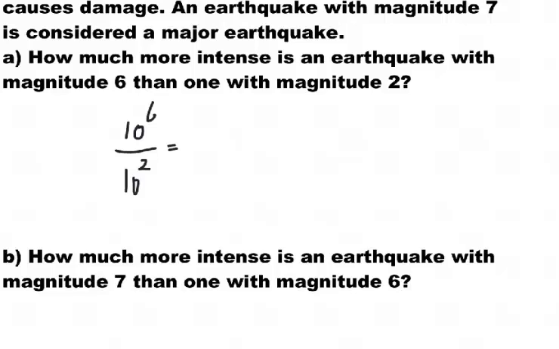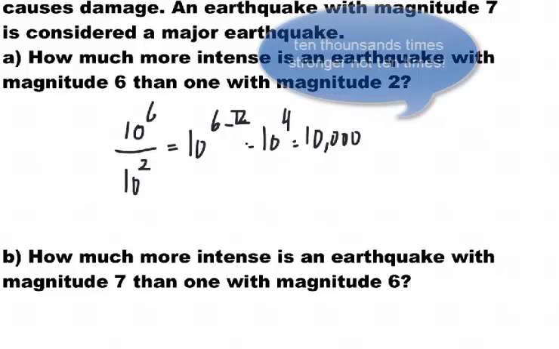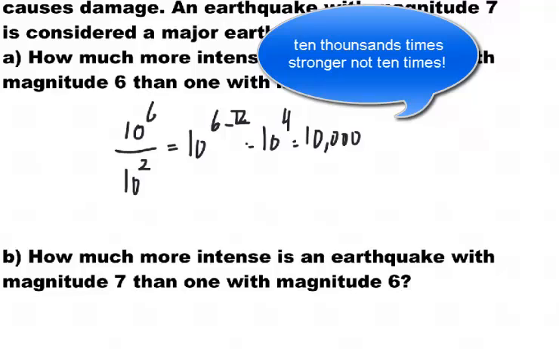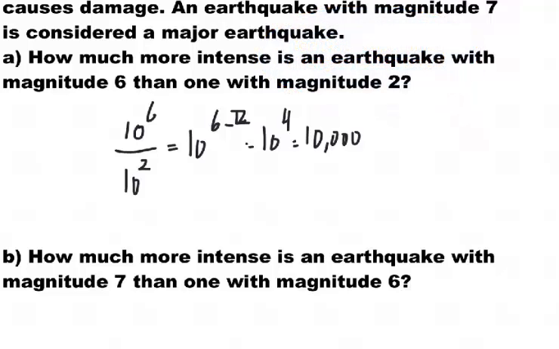Because the bases are the same, we subtract the exponents. So this becomes 10 exponent 4, which is 10,000. So this means that an earthquake of magnitude 6 is 10,000 times stronger than the one with magnitude 2.